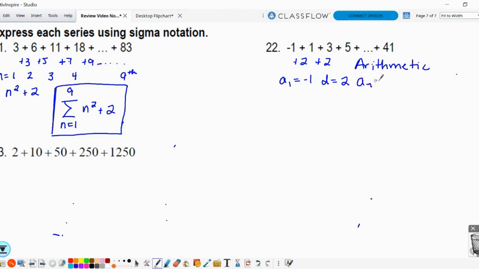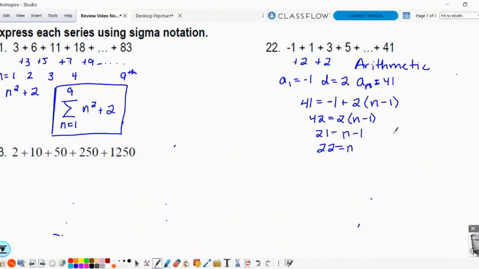And we know that the last term is 41, but in order to write sigma notation, we need to know where that term is. So we're going to use our arithmetic rule. 41 equals the first term plus the common difference times n minus 1. Oh, excuse me, I already added the 1. And we see there that n is the 22nd term as we solve.